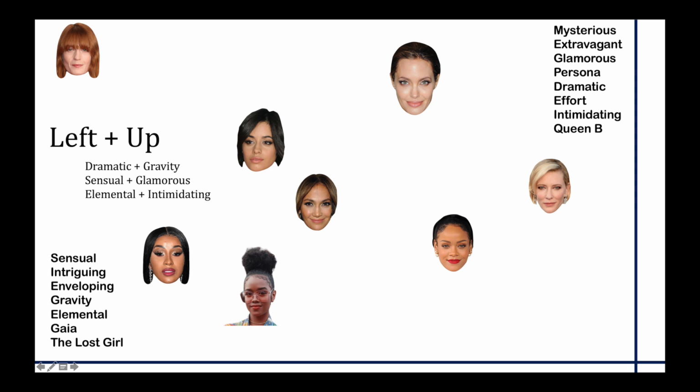But they don't want to go as far up as Camila Cabello or Angelina Jolie, so they get this extravagant and mysteriousness factor. Because they could probably go in that direction, which is not them at their best. Yeah, because Cardi B is not mysterious. Yeah, exactly. She's not. But Angelina Jolie is very mysterious. Very mysterious. But spooky.